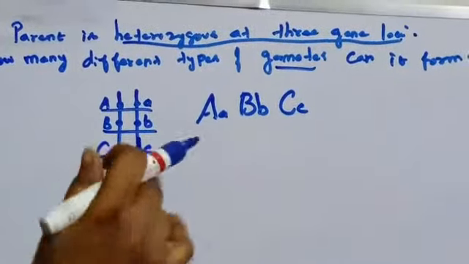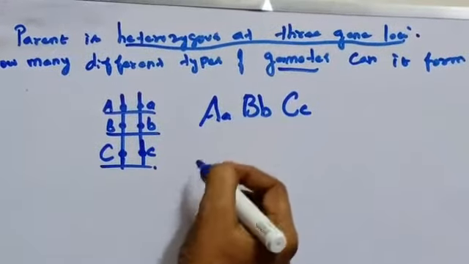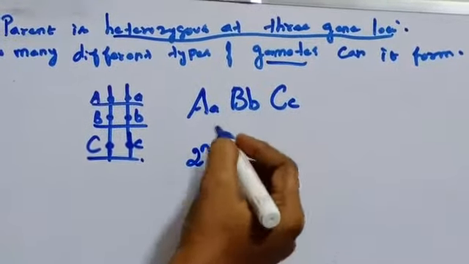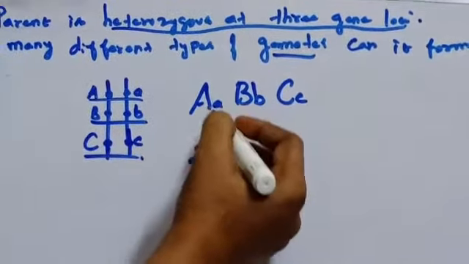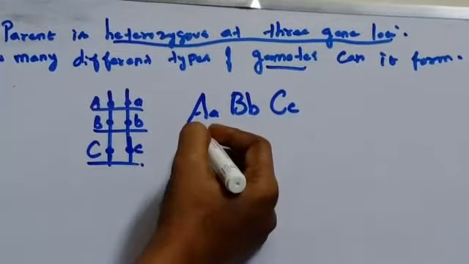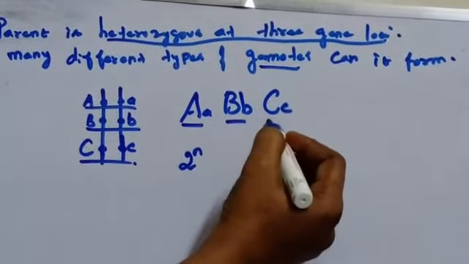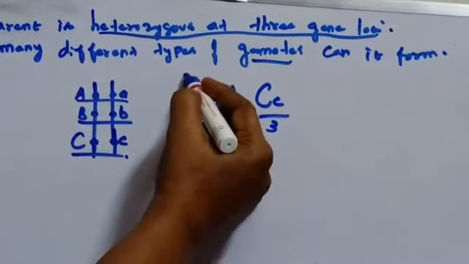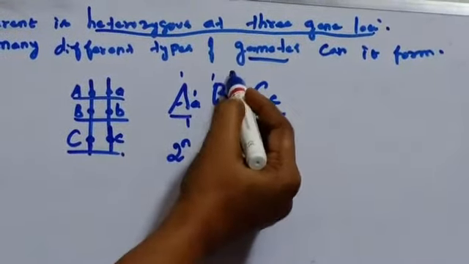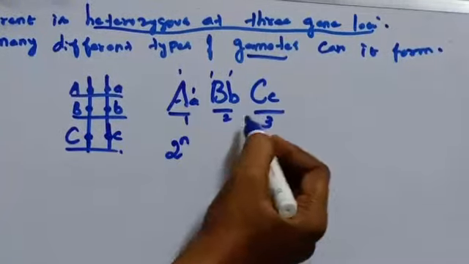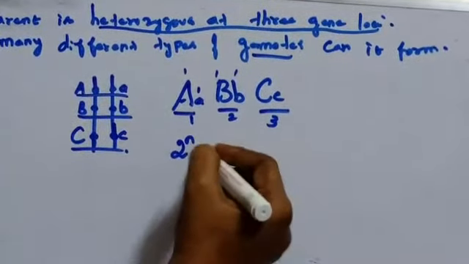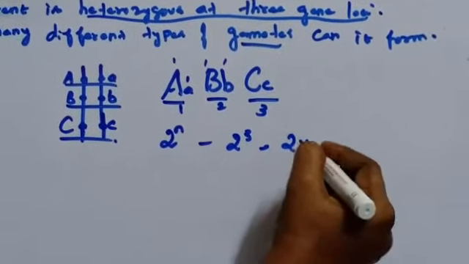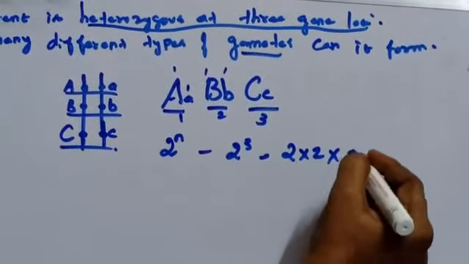Now, how many different types of gametes can it form? So types of gametes, or phenotypic category. Already I gave the formula: 2 to the power n. What is n? The number of heterozygous pairs. How many heterozygous pairs can you see? 1, 2, 3. So 2 to the power 3, 2 into 2 into 2.